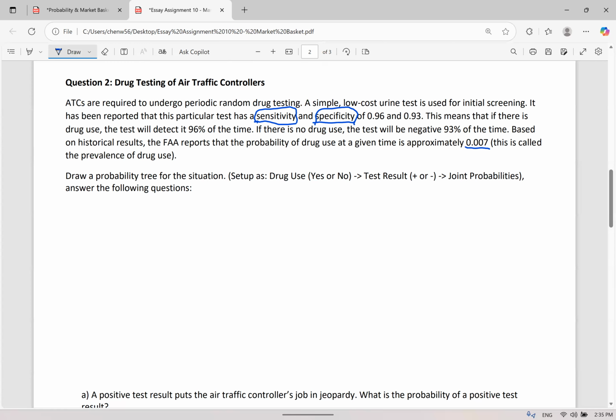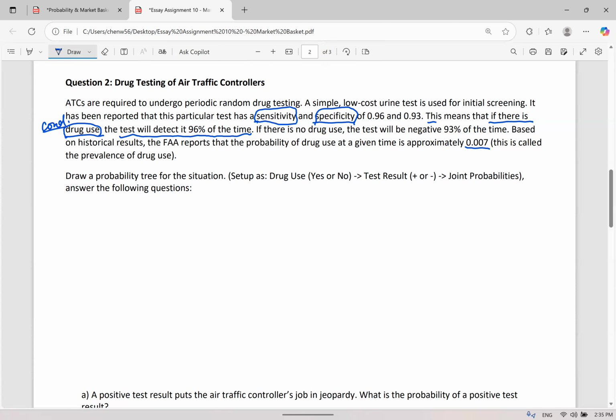Now try to draw a probability tree for this situation. Here I give you a hint. Set up the tree to start with either they use the drug or they don't use the drug. Because here we say if there is drug use, then the test will detect it 96% of the time. That means we consider using the drug as a condition. So if there is drug use, then the test will detect it 96% of the time.